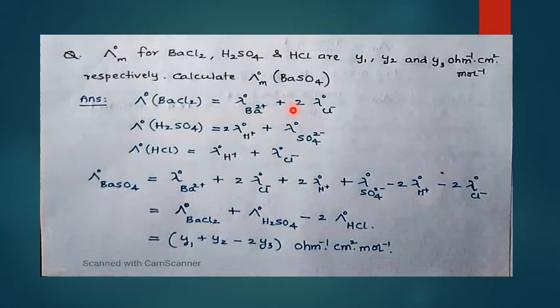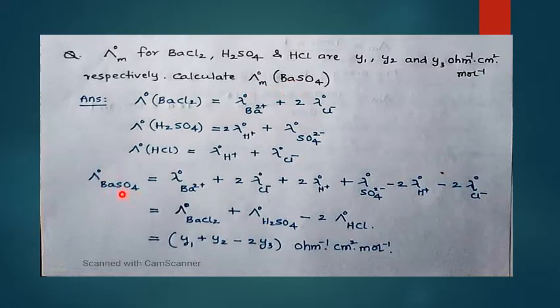Already you learnt how to split for the molar conductivity and how to split for the equivalent conductivity. Next, H2SO4: 2 H plus and directly ionic conductance of SO4 2 minus. For HCl this is the data.